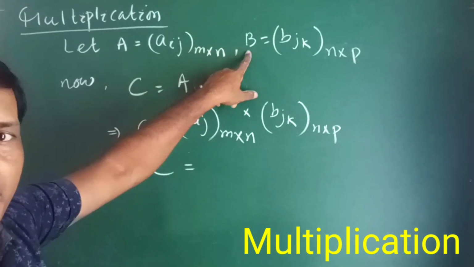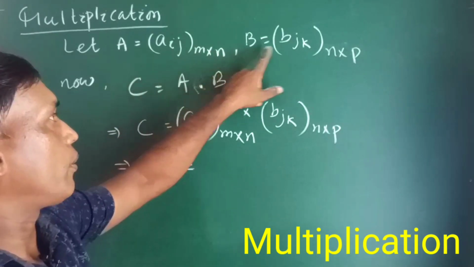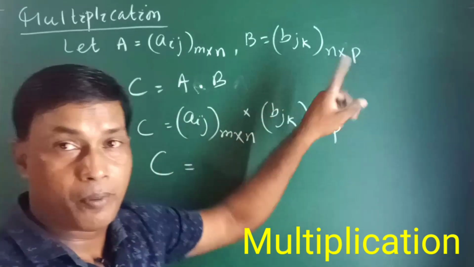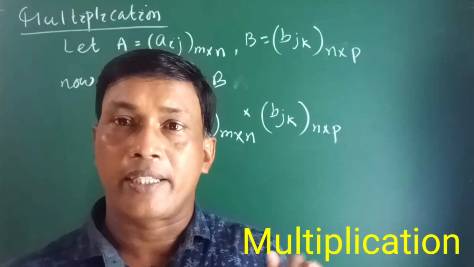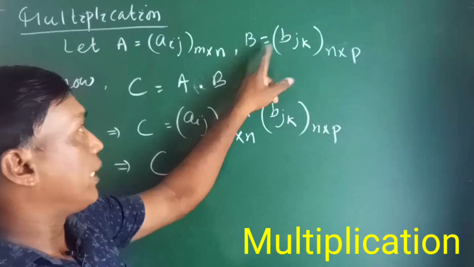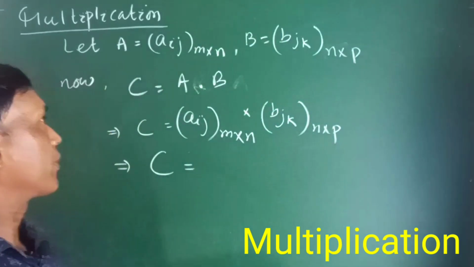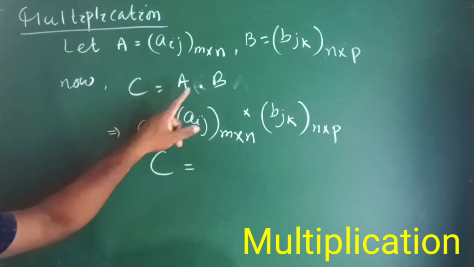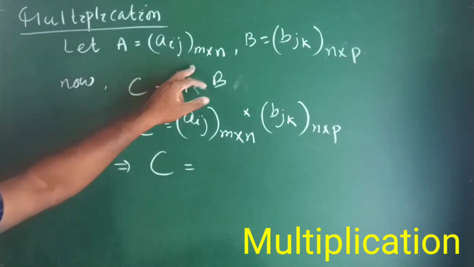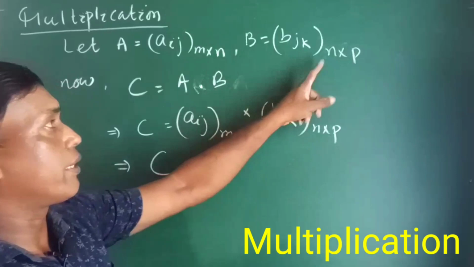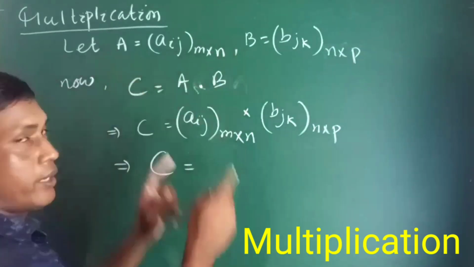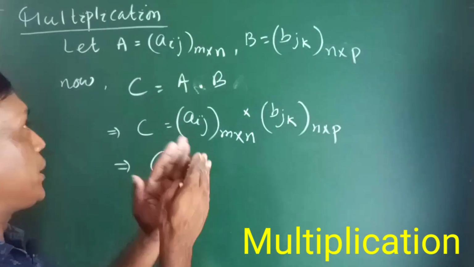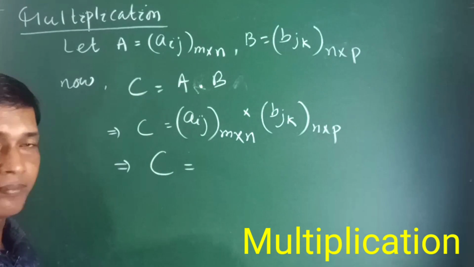B is a matrix of order n cross p, and the element is bjk. Now suppose C is the matrix A into B. A का ऑर्डर m क्रॉस n है, B का ऑर्डर n क्रॉस p है. Suppose A and B, when we multiply these two, suppose the matrix is C.